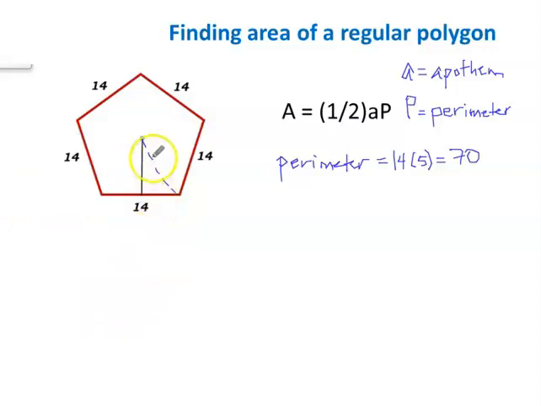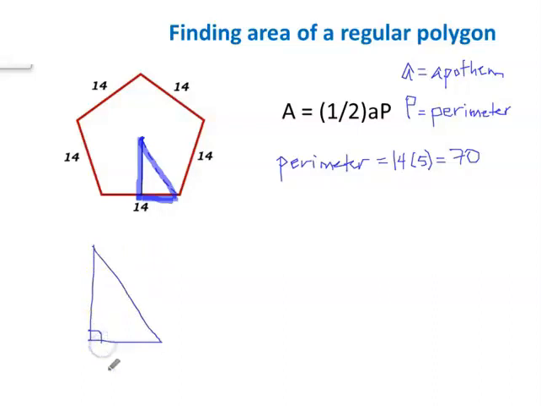So our right triangle is going to look like this. I'm going to highlight this right triangle right here. What I'm going to do is redraw this right triangle below so that we can work with it and figure out the length of the apothem.